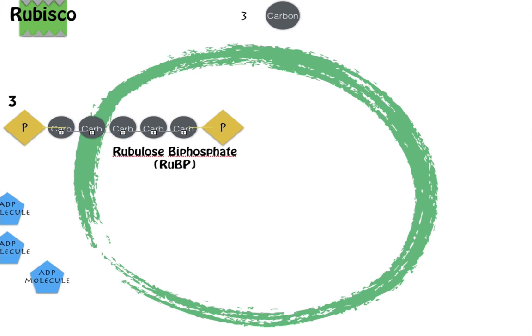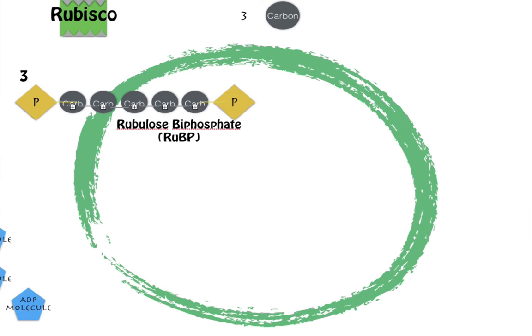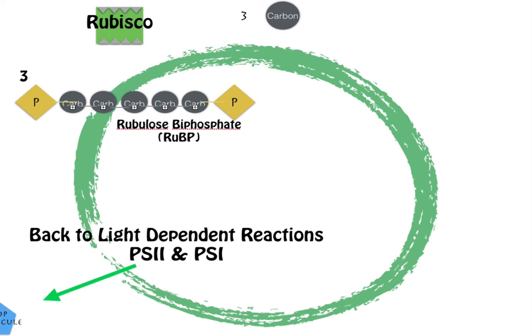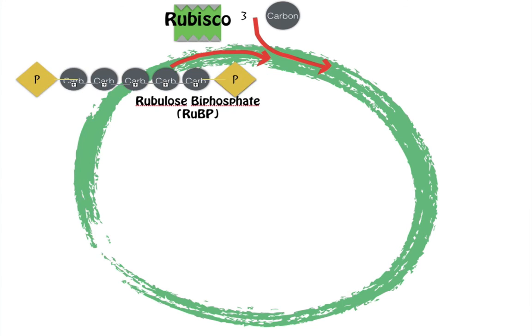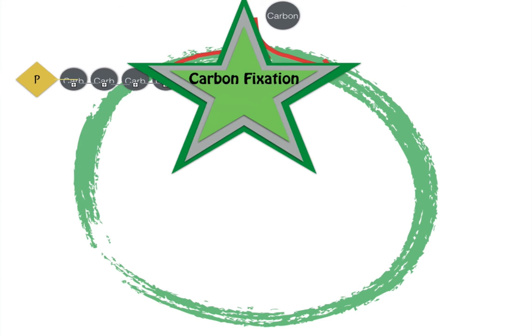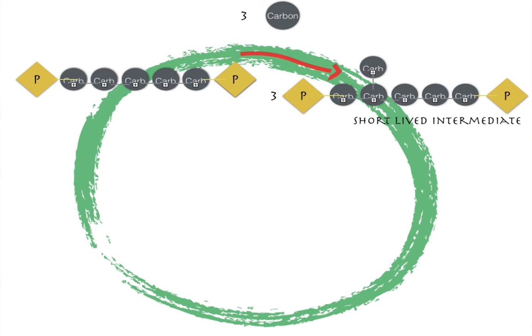Ribulose biphosphate continues on into the cycle, and our ADP goes back into the light-dependent reactions in photosystem 2 and 1. Ribulose biphosphate meets up with our old friend Rubisco and carbon. If you remember back to step number 1, carbon dioxide comes in, and ribulose biphosphate are combined by the enzyme Rubisco. Carbon fixation, right? And we continue on with our process.